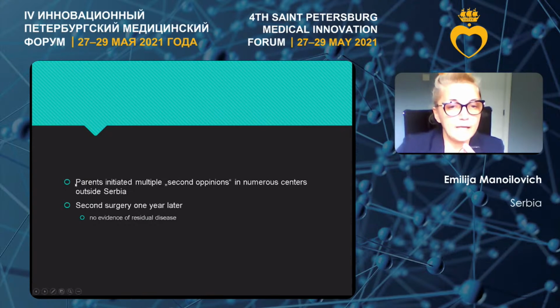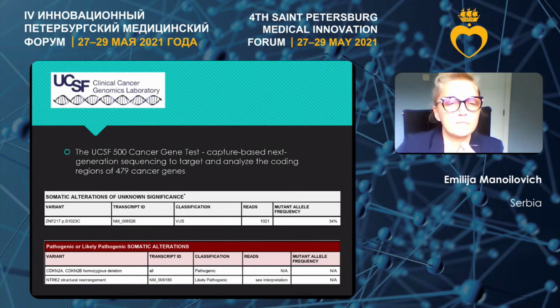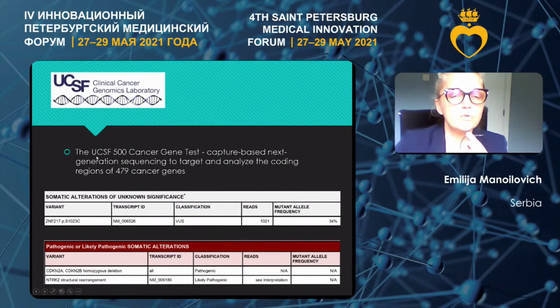The tumor grew and the second surgery was performed one year later, but in another center. It was performed in the United States, and fresh tissue was taken from that surgery in order to perform the UCSF500 cancer gene test.